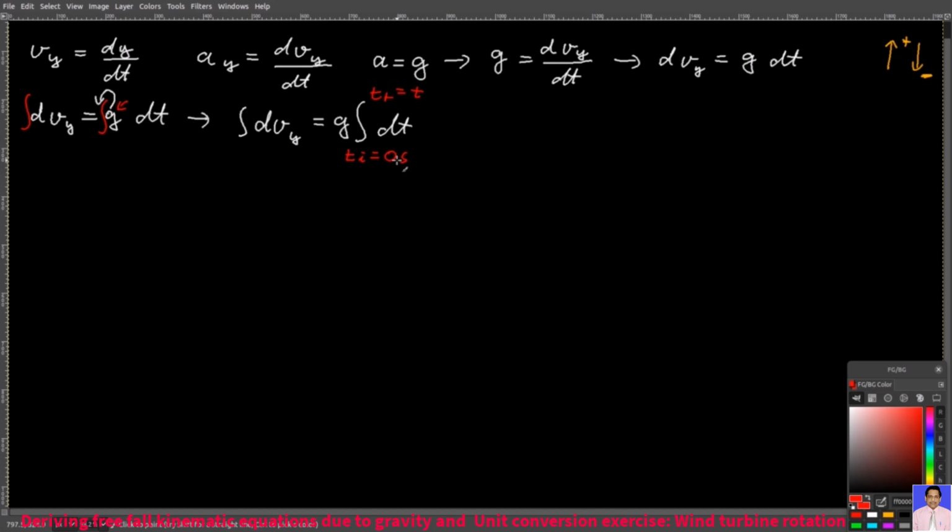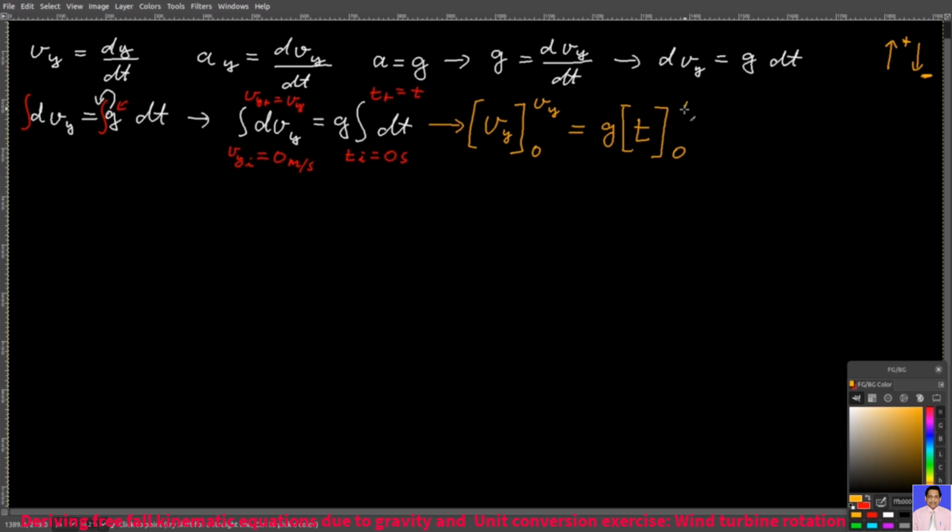So at time equals 0 seconds, your initial y velocity is 0 meters per second. And then your final y velocity, we're just going to leave it as a variable. And so therefore what we have is this. On this side, you will have vy at the top and 0 at the bottom, and then you will have g times the integral of dt, with t at the top and 0 at the bottom.